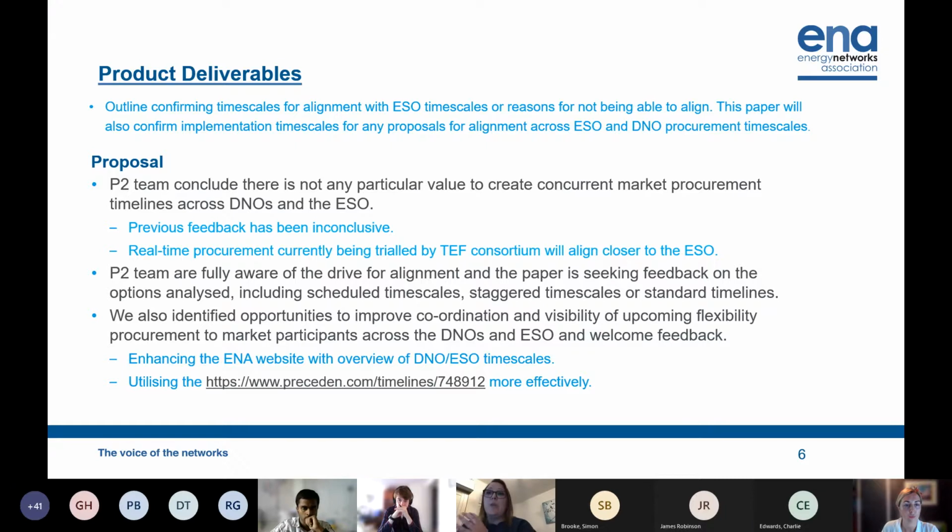So we have written a paper that confirms implementation timelines for proposals for alignment across the ESO and DNO timescales. The conclusion from that paper was that the feedback we've received on aligning market procurement timelines between DNO and ESO was inconclusive.